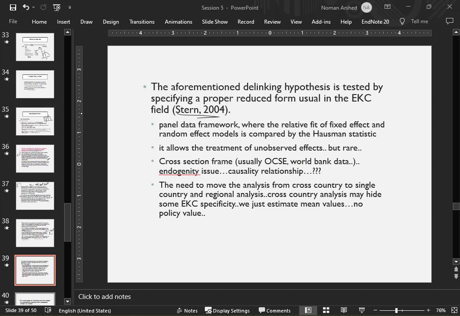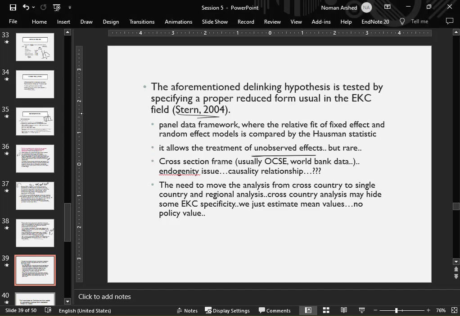He used a panel data framework where the random effect or fixed effect models were used. It allows the treatment of unobserved factors, meaning it was a fixed effect model, and it also used the cross section data frame and explored the endogeneity and causal relationship. The need to move the analysis from cross sectional to regional analysis, as it may hide EKC specificity. We just estimate the mean values, not the policy value.